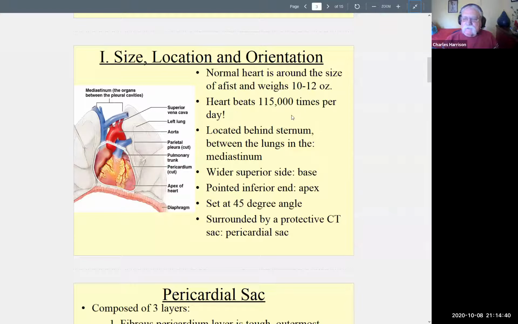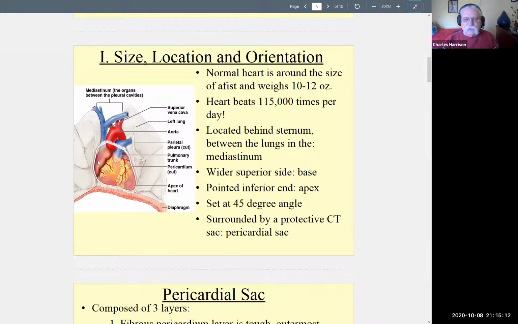Okay, the heart's located in the mediastinum, or actually that's my old pronunciation for it. The correct pronunciation is the mediastinum. That's the area behind the sternum, okay, and it's between the two lungs. So this area roughly here is the mediastinum. At the top, it's wider, and at the base, it's apex, it's narrower.